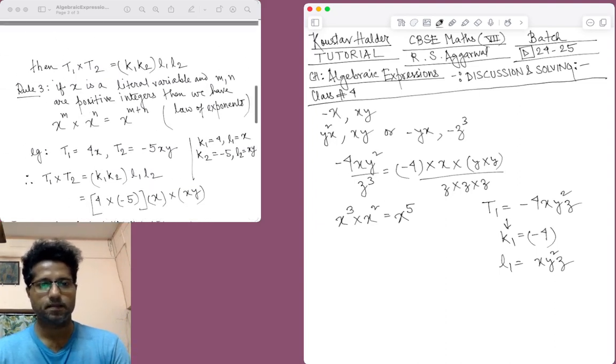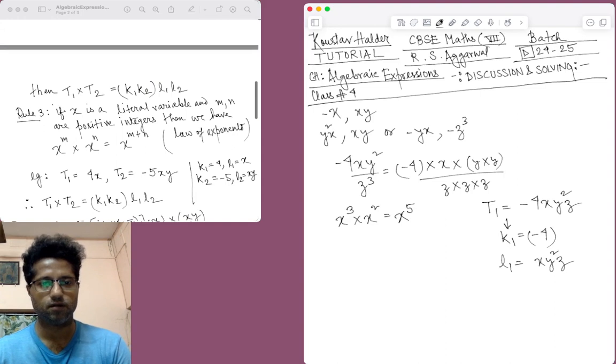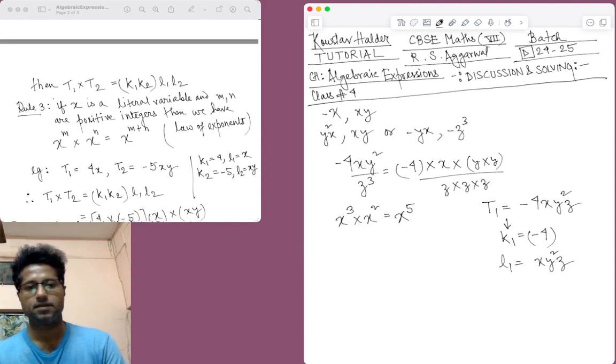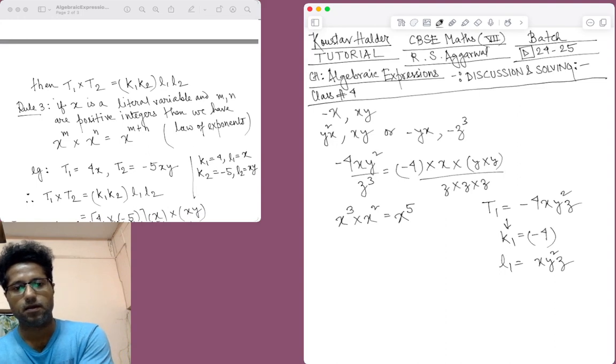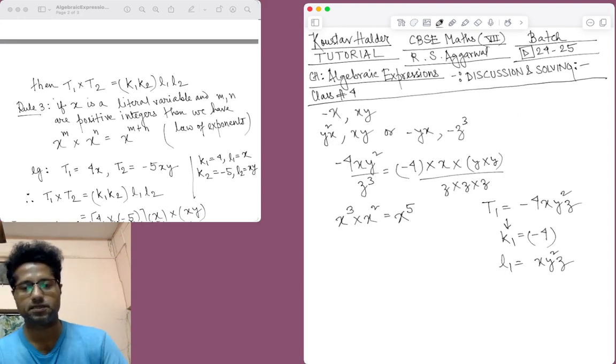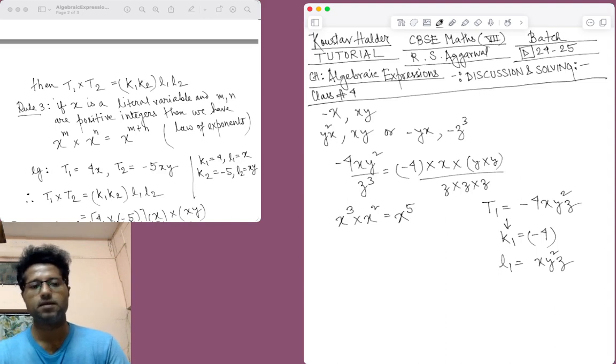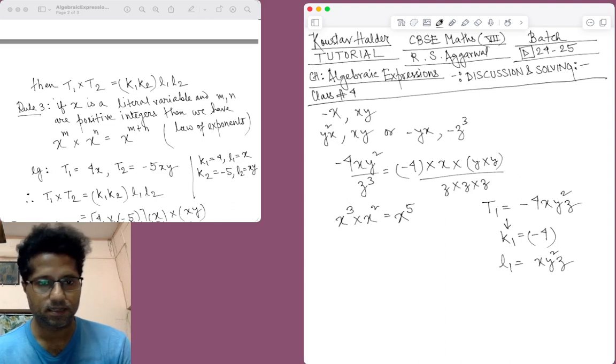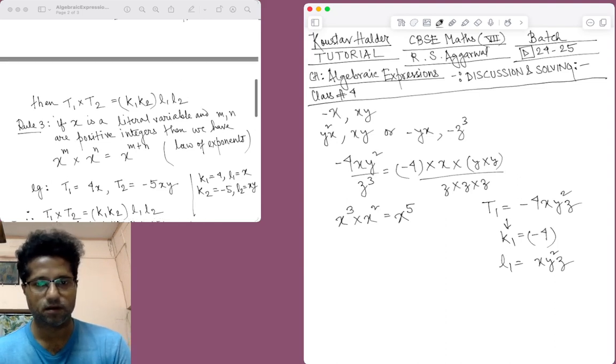Rule 3 is important: you have to keep in mind the law of exponents, that is x to the power m multiplied by x to the power n, where m and n are positive integers, equals x to the power m plus n. This is one concept you need to keep in mind.